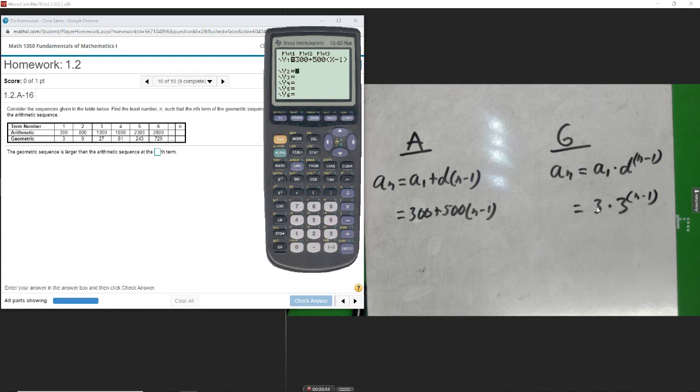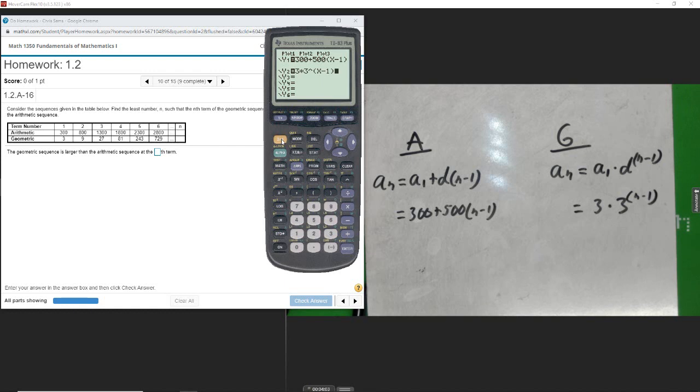In the second one, I'm going to do my geometric sequence: 3 times 3, then the caret to raise to a power, and in parentheses x minus 1. You have to do that in parentheses.